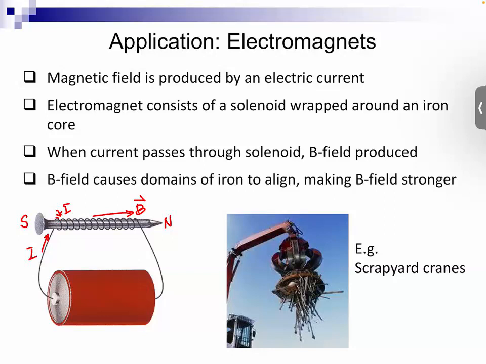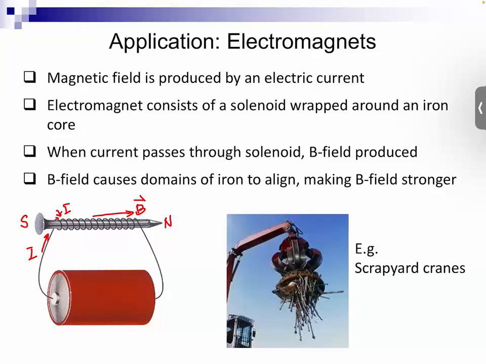But the question remains: why are magnets magnetic? Why are some materials magnetic? Like, why is a bar magnet magnetic? What we have learned and discussed so far is that if you apply a current on a wire, that wire becomes magnetic. But how about a bar magnet that's by itself?